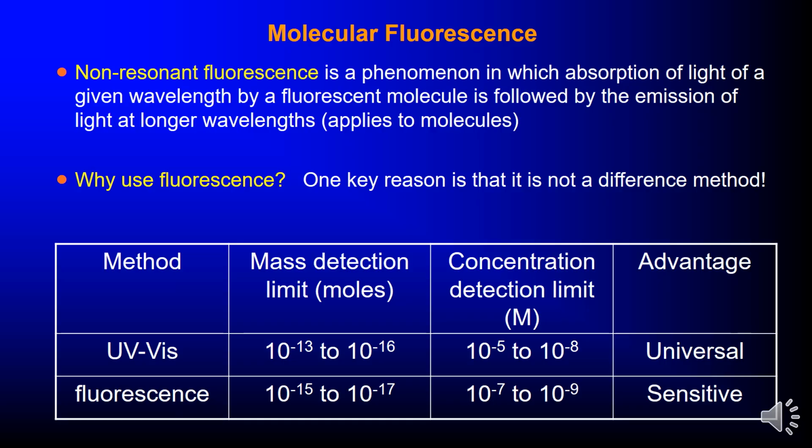It can detect even lower. It is a very sensitive method. Even if you check the concentration detection limit, it can detect lower compared to UV-Vis. So it's a very sensitive method, compared to UV-Vis, which is a universal method.